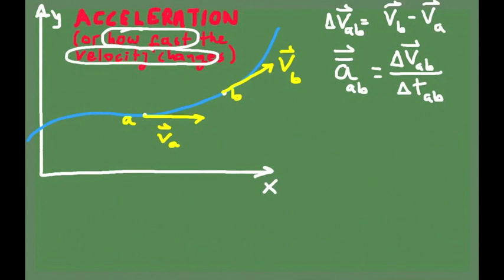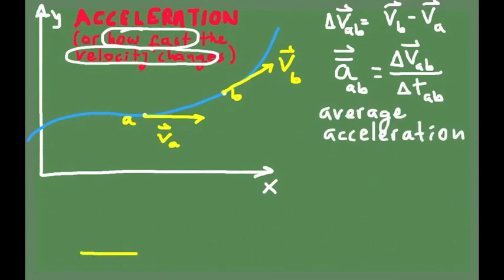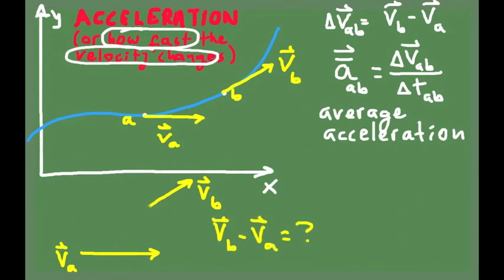So graphically, if you wanted to determine the change in velocity, we have vector VA and vector VB, and we want to find out what is VB minus VA.